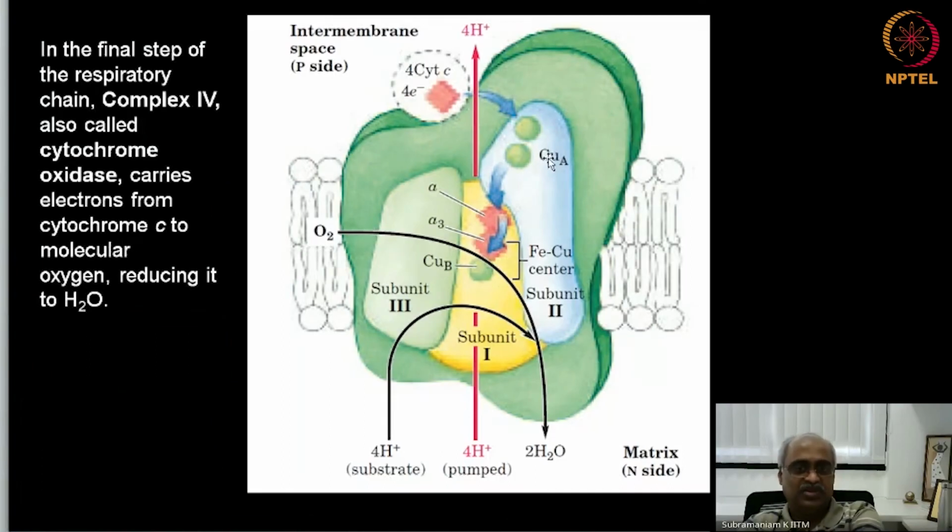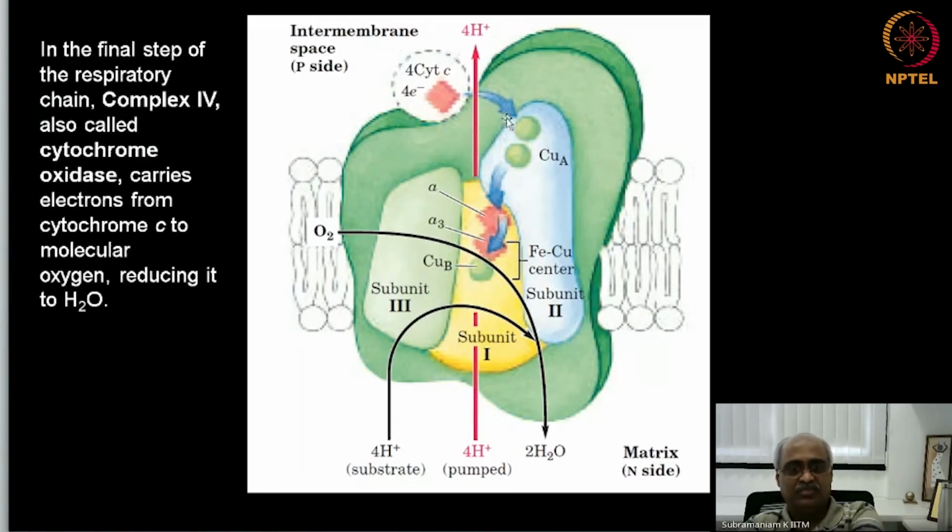So here you have 3 main proteins. We are ignoring this big portion, which is part of the complex. We are only looking at the polypeptide chains directly involved in the electron flow, subunits 1, 2, and 3.